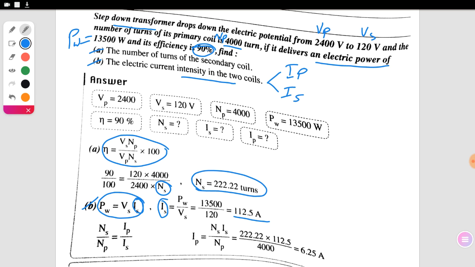We need to determine the value of the current in the primary coil. At first, we determine the value of the secondary coil. From the last rule, N secondary over N primary equals I primary over I secondary, because the number of turns is inversely proportional with the current intensity.